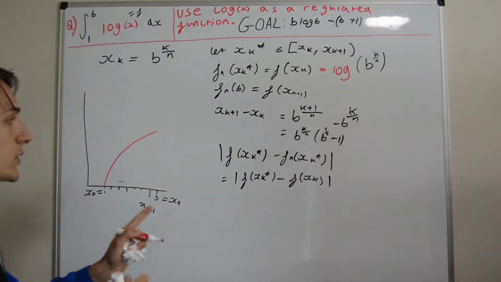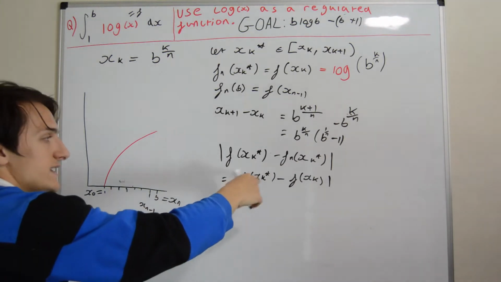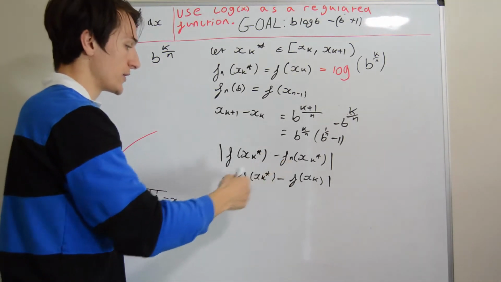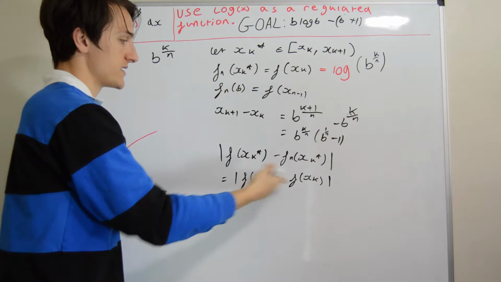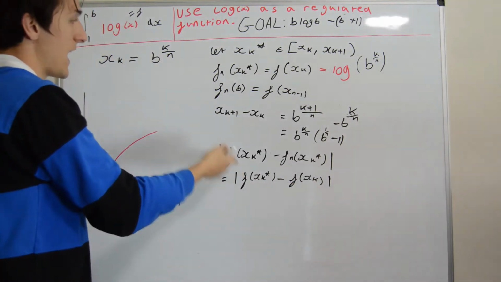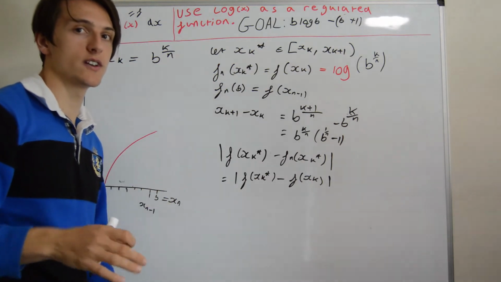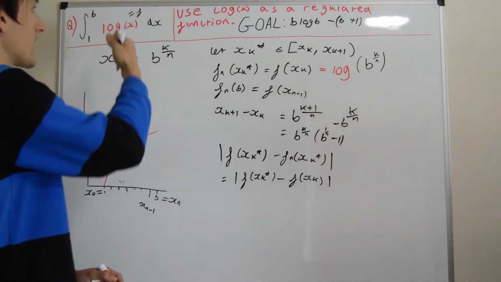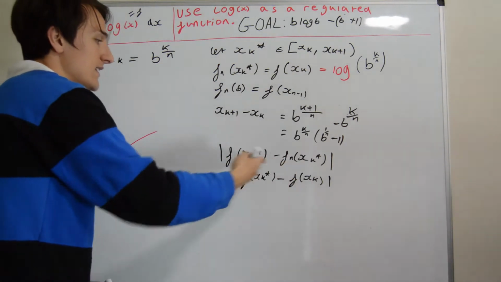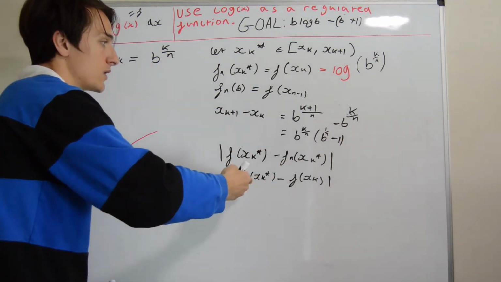And then, what do we have? Now it's nicer because we're not dealing with fn anymore, we just have things expressed in terms of f. But now, what would be very, very useful is if we could show that log x was Lipschitz, because we want to relate this somehow to this.